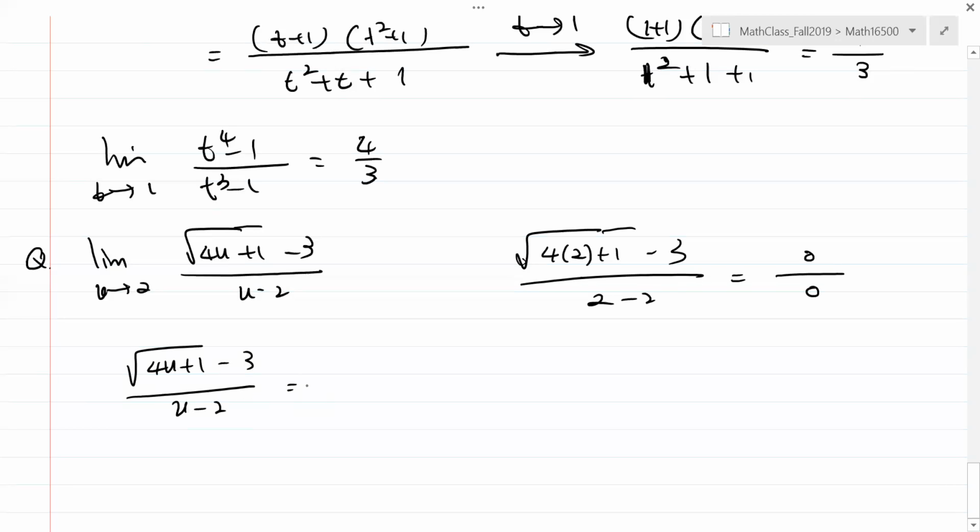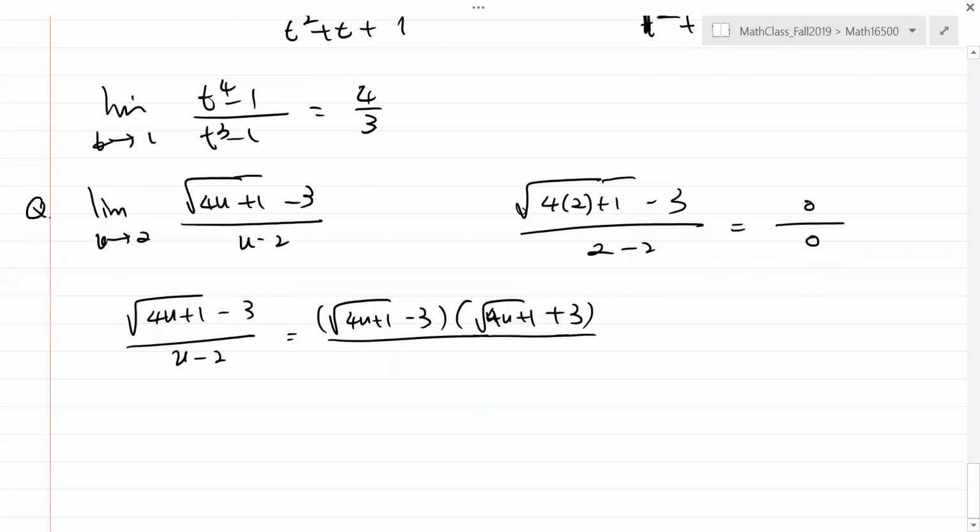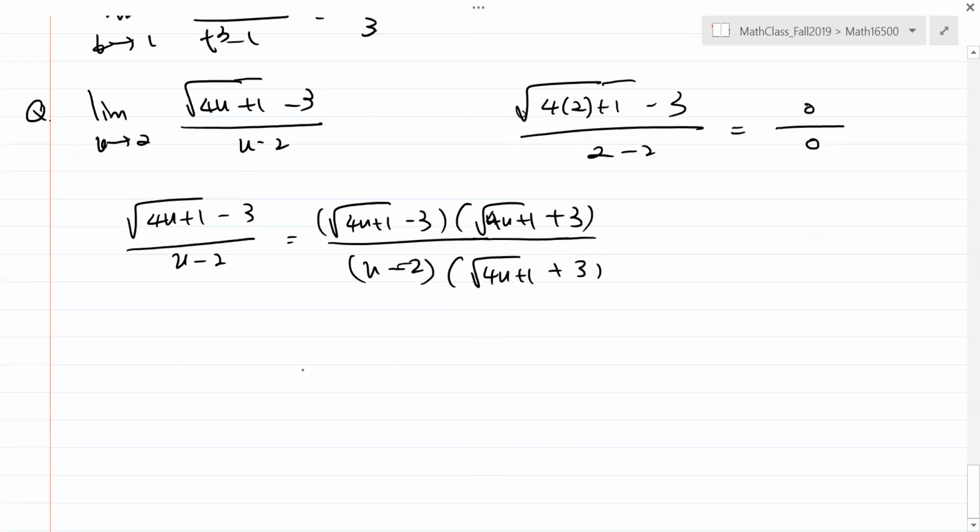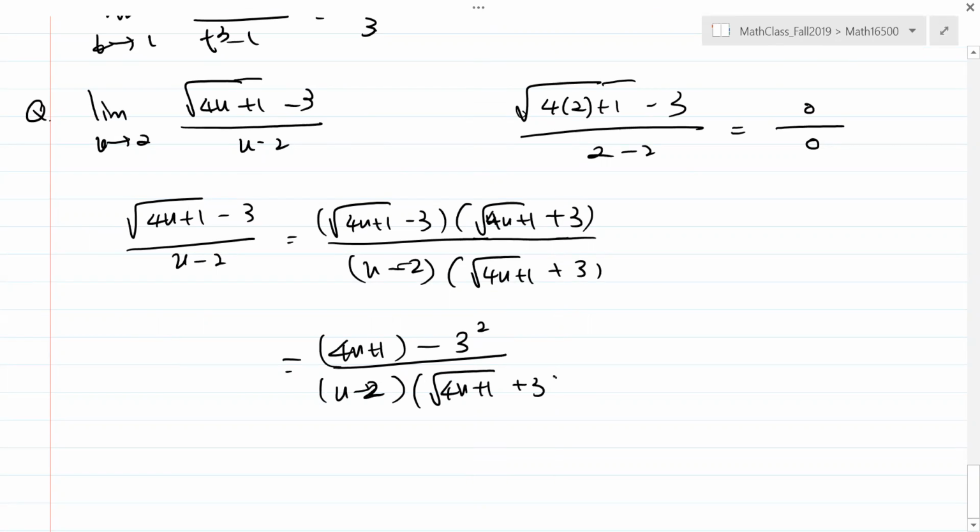So the standard method is you're going to square. In order to square it, you have to multiply it by its conjugate. Right, so the square root of 4u plus 1 plus 3, okay? So now the numerator is going to be 4u plus 1 minus 3 squared. Okay.